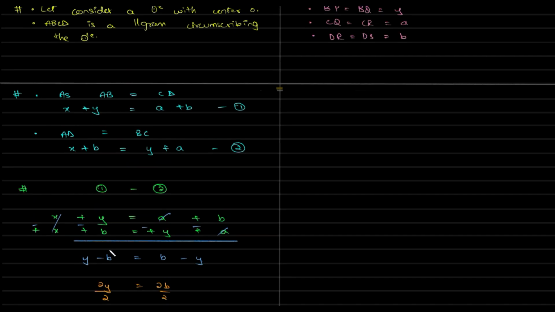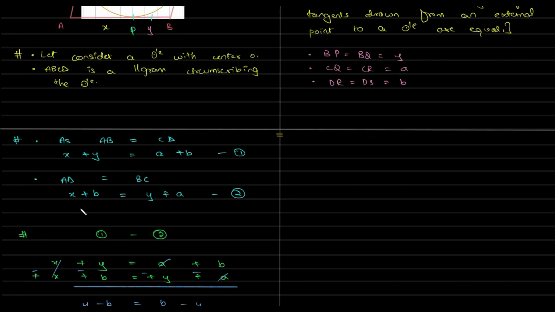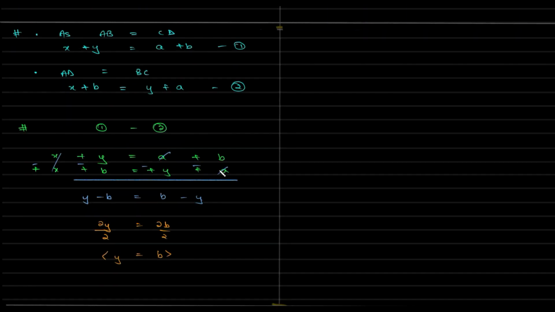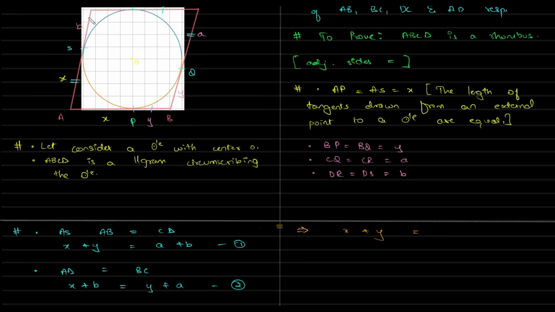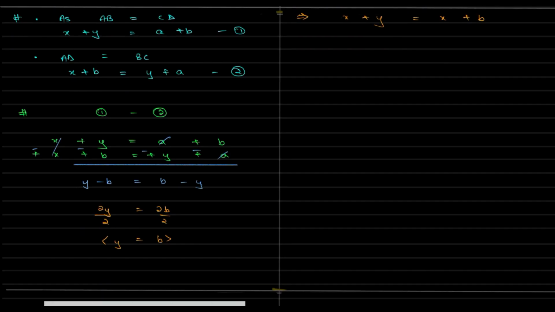Now, how will this help me? Since Y is equal to B, I can say that AB is equal to AD. We are done. We just proved that adjacent sides are equal. This implies X plus Y is equal to X plus B, is it not?